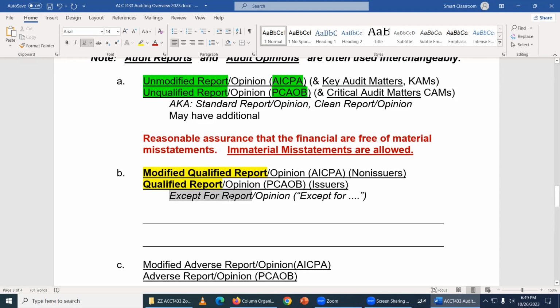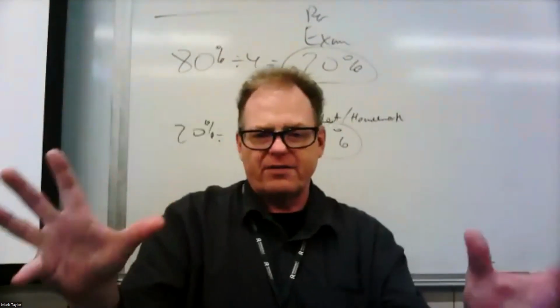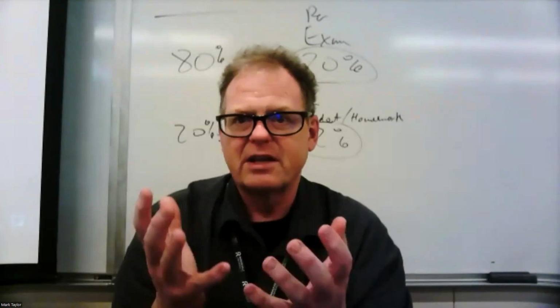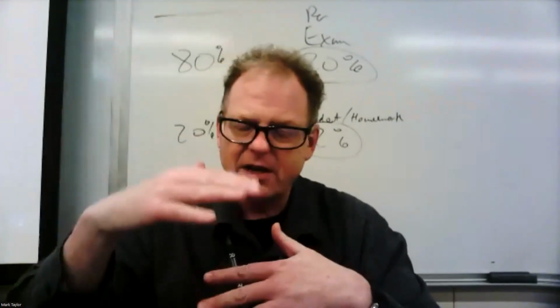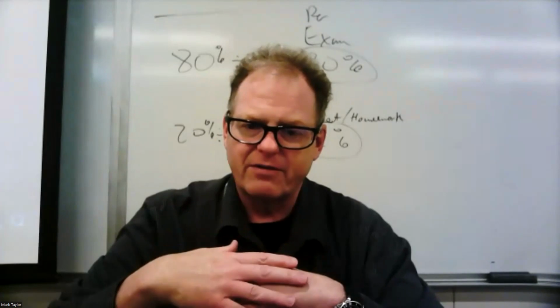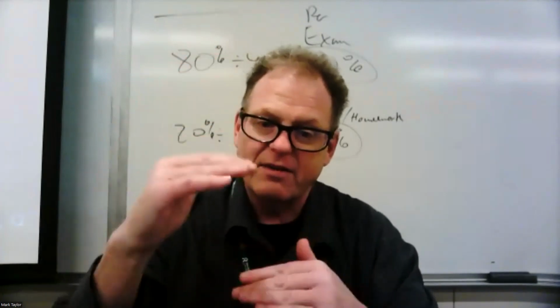But these are sometimes called an except for report or except for opinion. The reason they call it that is they're qualified. They say, okay, everything is fine except for, and then they'll tell you this bad thing. It'll say overall the financial statements are fairly presented, and they'll say except for, and then whatever they can come out with.